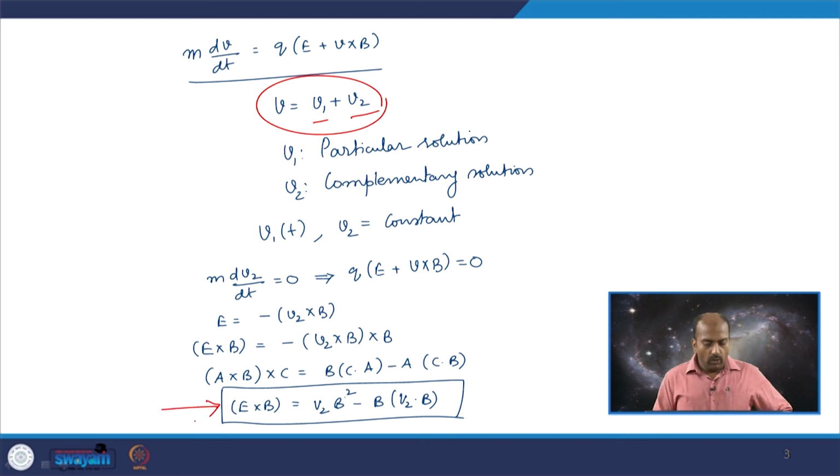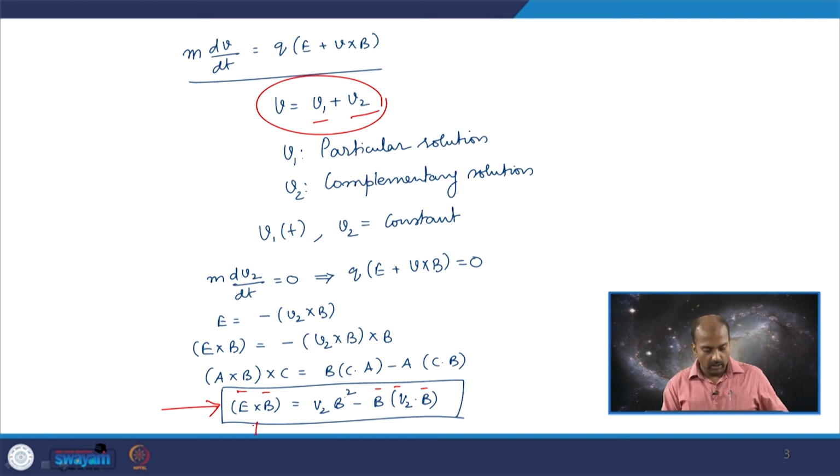Now, if you look at this, E is in one direction, the electric field is in one direction, the magnetic field is in another direction, let us say, right. Here E cross B is a vector.